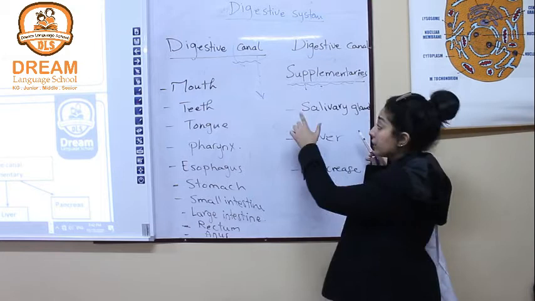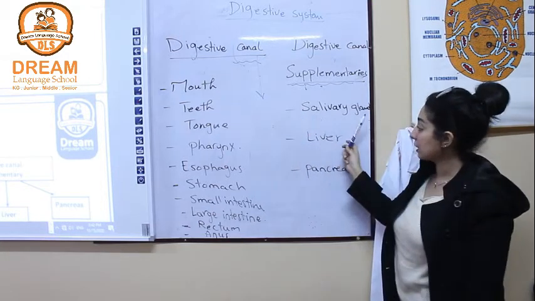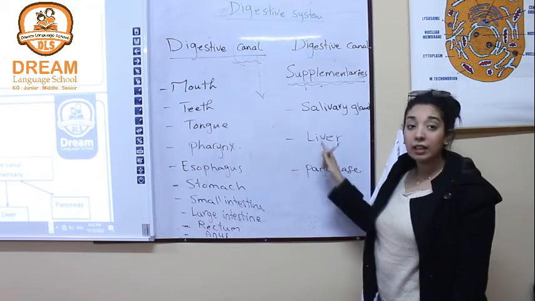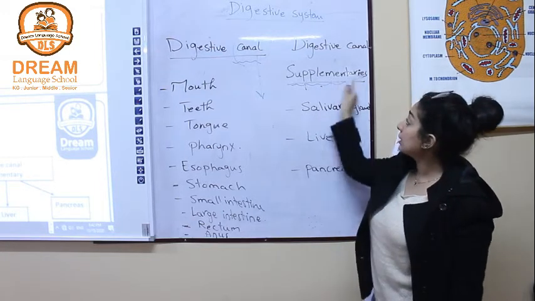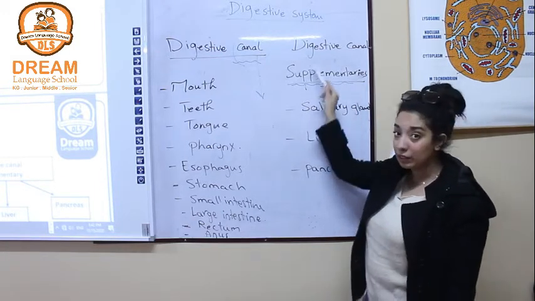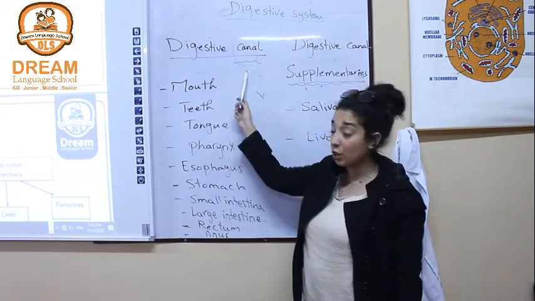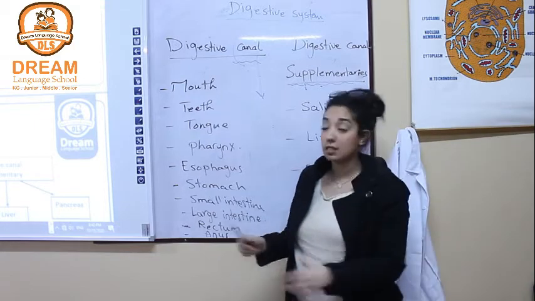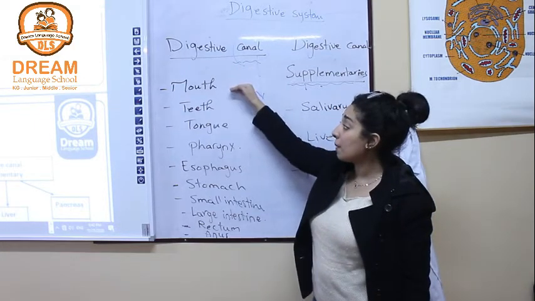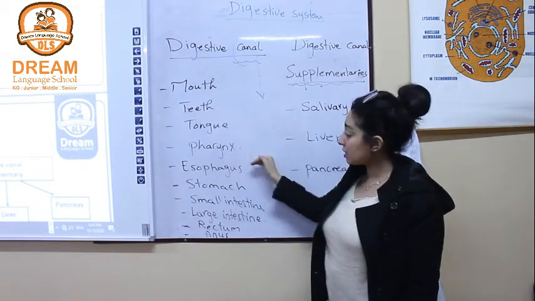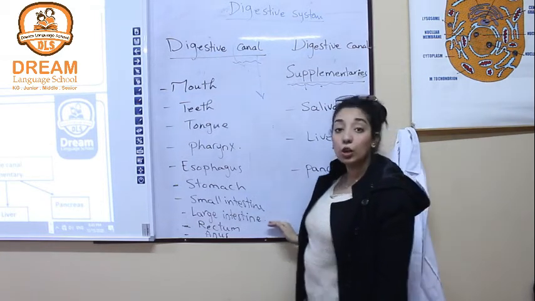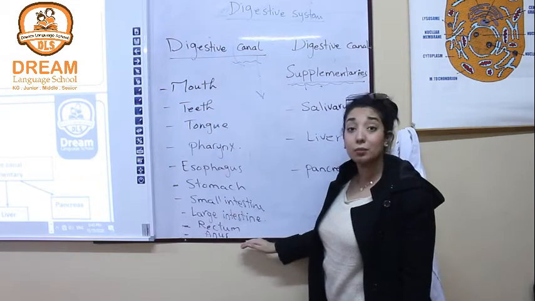So who are the supplementary? Salivary gland, liver, pancreas. So the assistants that help the digestive canal are the salivary gland, liver, pancreas. I have 3 assistants. So I have the digestive canal: mouth, teeth, tongue, pharynx, esophagus, stomach, small intestine, large intestine, rectum, anus.